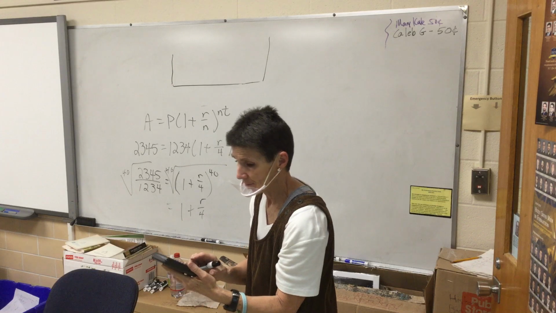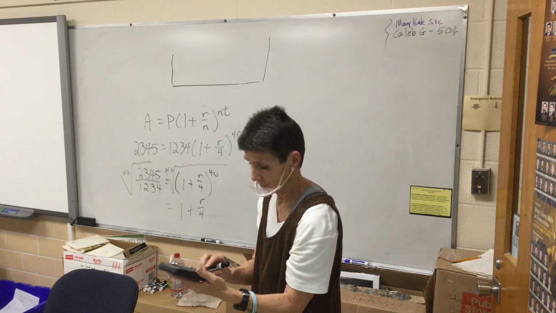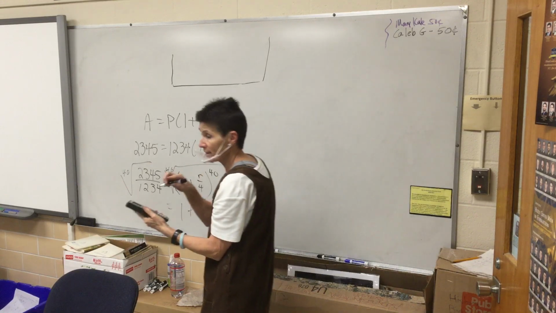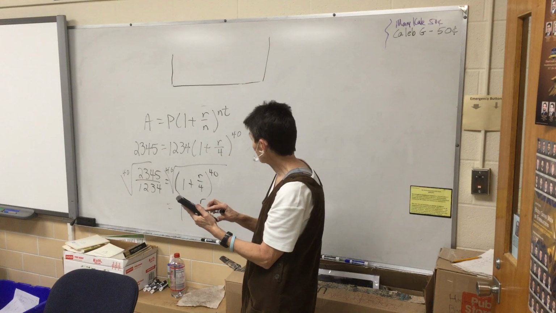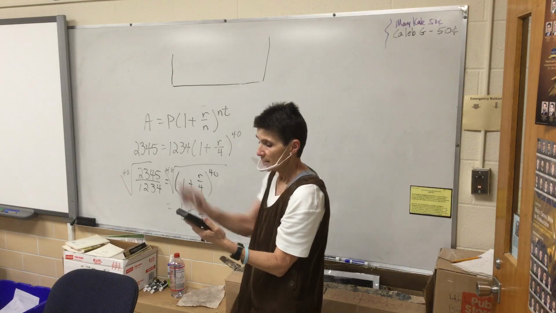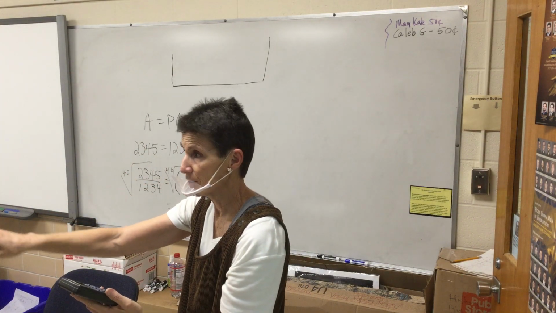Go to math. Go down to the option that says the xth root. Put a parentheses, if you don't already have one, and type in 2345 divided by 1234. If you got 1.016, you're right.